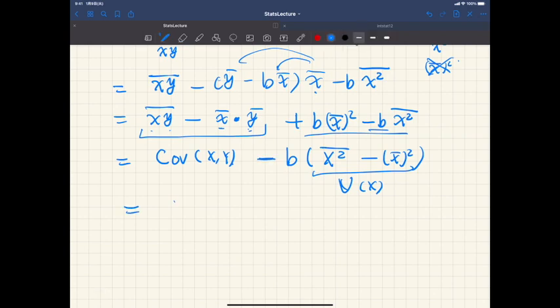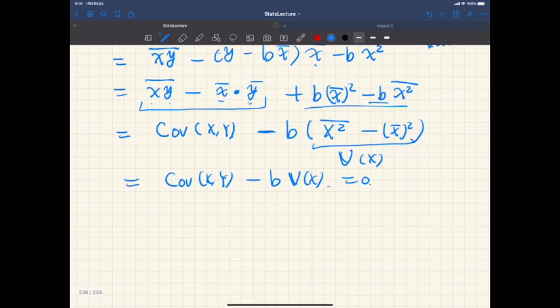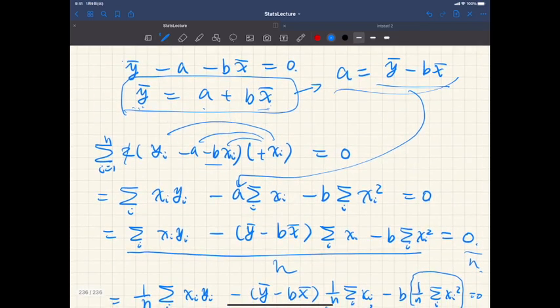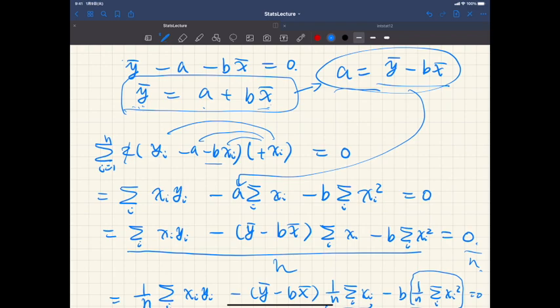So what we have here is covariance of x and y minus b times variance of x, which should be equal to 0. From this we can solve for b, which is covariance of x and y divided by variance of x. If you use this b in this equation, you can determine the value of a.